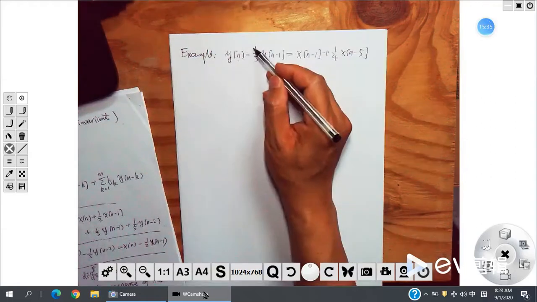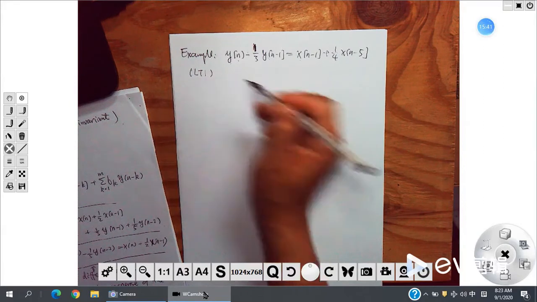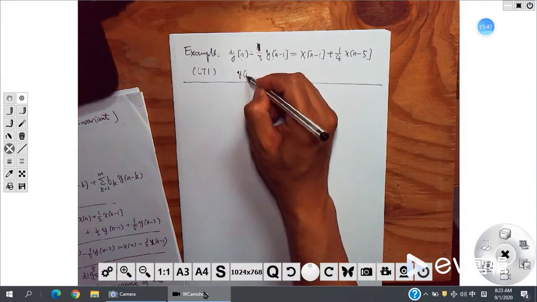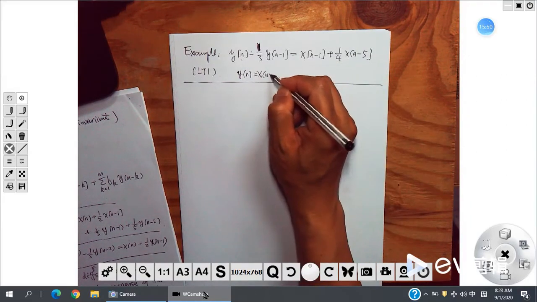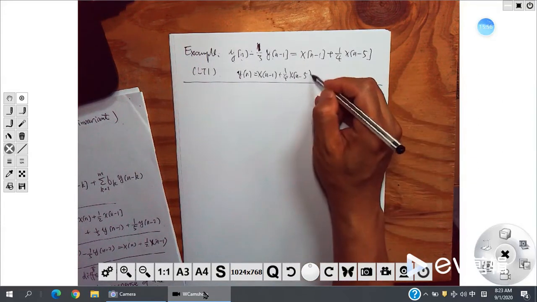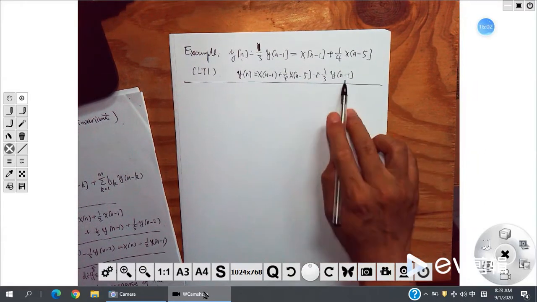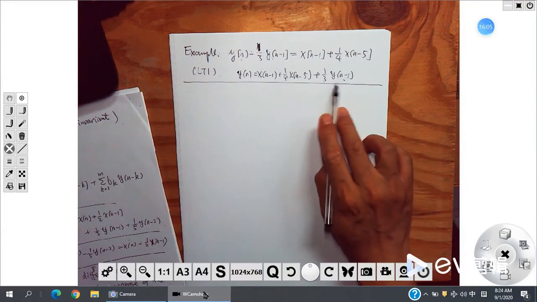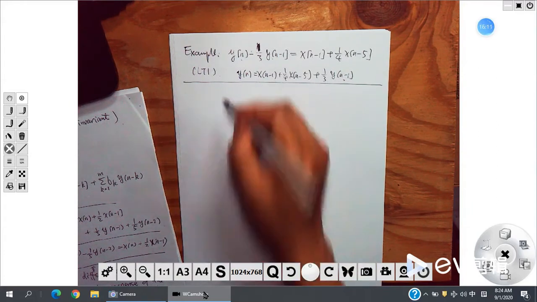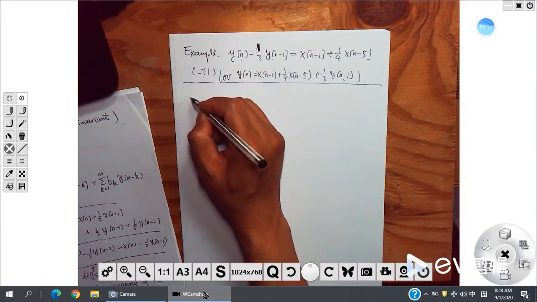If here you had n, then it would not be an LTI system. You can also write this as y of n equals x of n minus 1 plus 1/4 of x of n minus 5, plus 1/3 of y of n minus 1. This is the previous output, and these are input values. Then you can get the output.